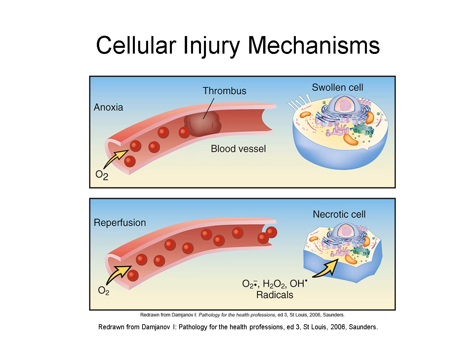In the lower image, the restoration of oxygen during reperfusion leads to the generation of reactive oxygen species, such as superoxide, hydrogen peroxide, and hydroxyl radicals. These highly reactive molecules further injure the already stressed cells, resulting in necrosis. Thus, while restoring blood flow is necessary, it can also trigger significant oxidative damage if not carefully managed.